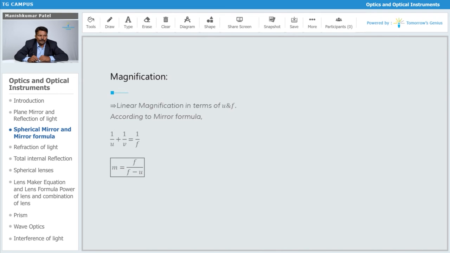Now we have to see the magnification in terms of f and u also. So just what we have written, that is 1/u + 1/v, which is 1/f. Now from this one, let's multiply by u on each side. So this is u/v, and this is u/f.